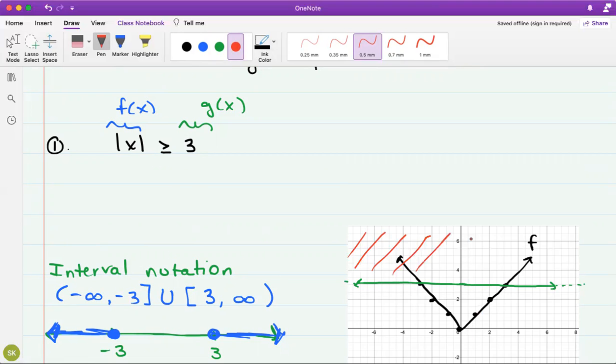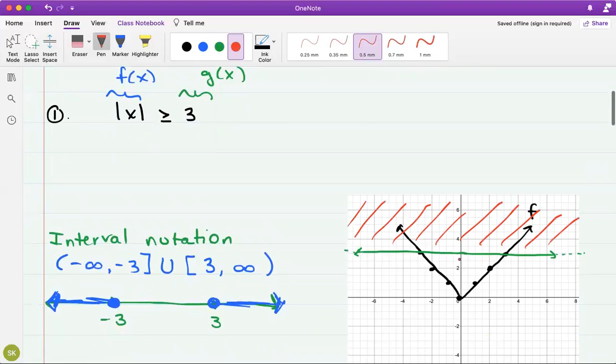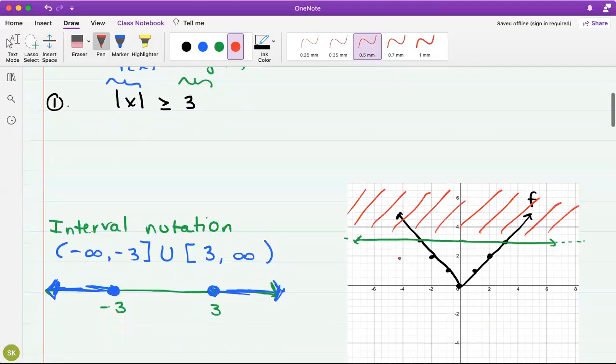Notice that all the y values, if this is 3, we're bigger than 3 for our y values when we're above this green line. And we're below 3 when we're below this green line. And we're equal to 3 when we're on this green line. So I'm going to shade this region, including the line, because we can equal 3. So that is when we're greater than or equal to 3.